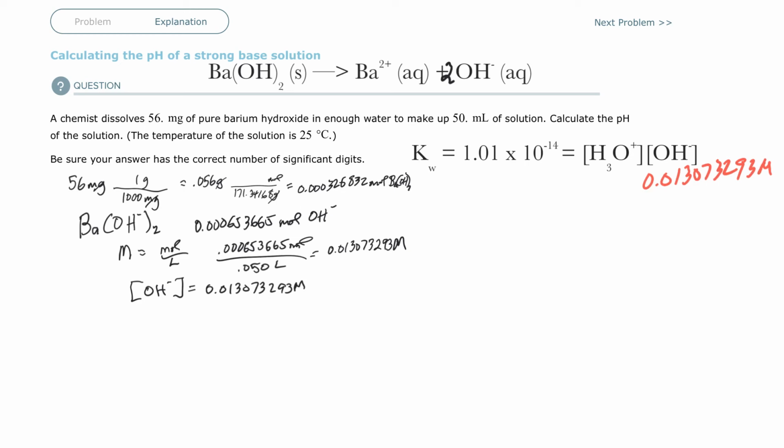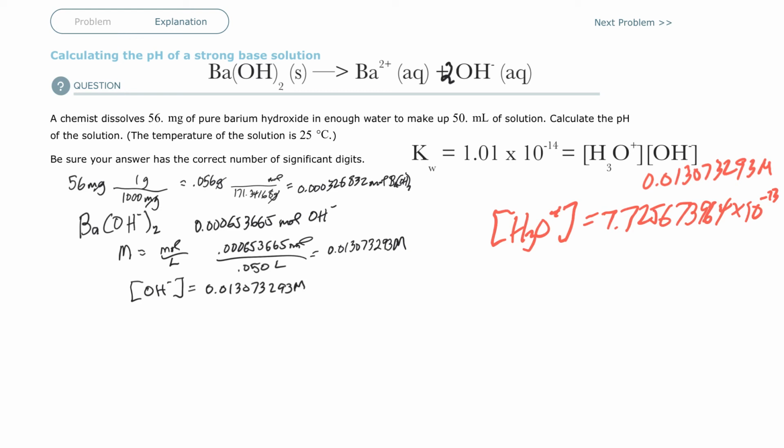Then I have this number equals something times this number. So when I want to get it by itself, I'm just going to divide. So it's going to be this number divided by this. So the concentration of hydronium equals 7.725673964 times 10 to the minus 13 molar.